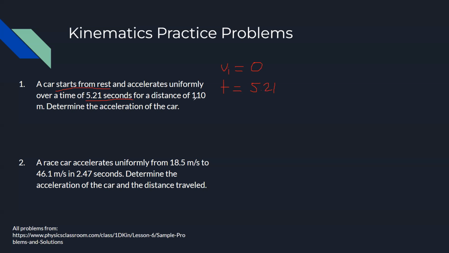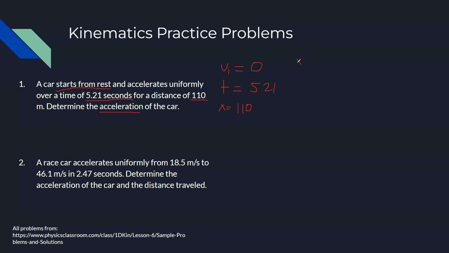For a distance of 110 meters. So x would equal 110. Find the acceleration. So basically what it's asking for is to find the acceleration, and I think I know just the equation that we can use for this.